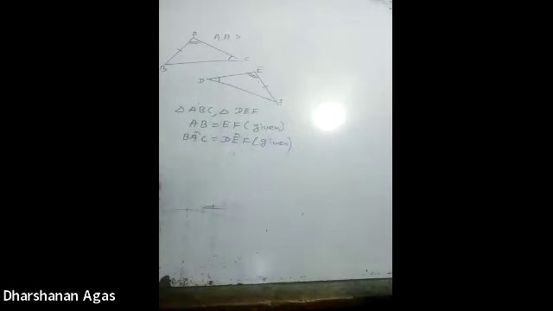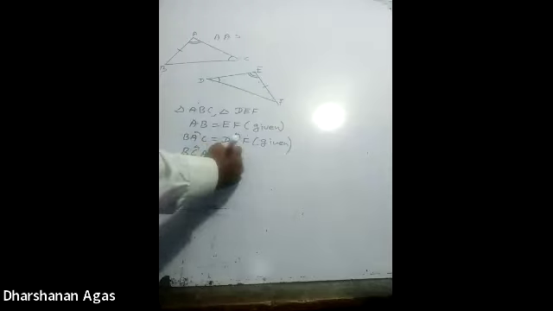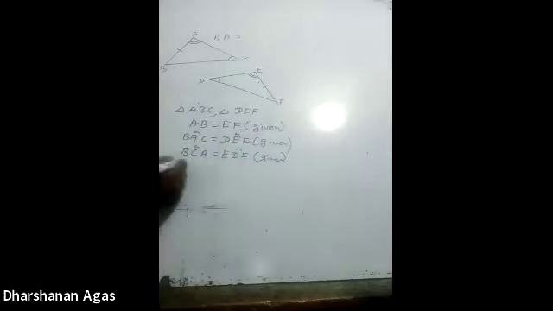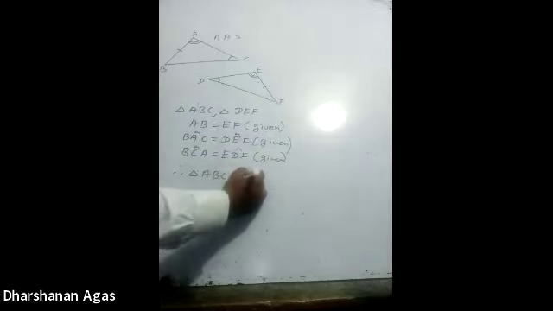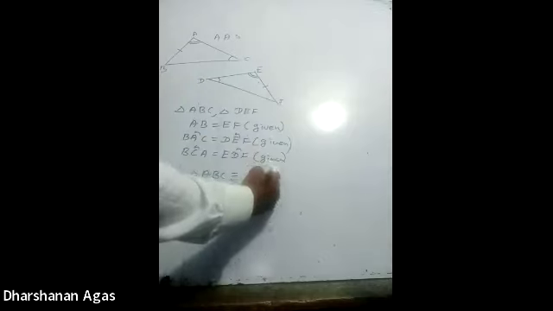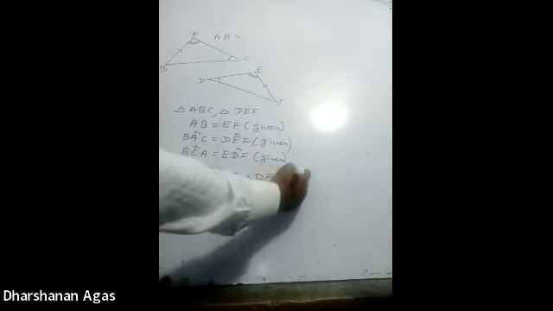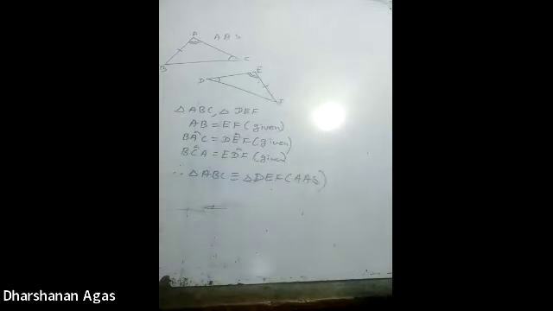Another angle also I gave. Which one? Angle BCA equals angle EDF, that is also given. Therefore, triangle ABC is congruent to triangle DEF, case AAS.